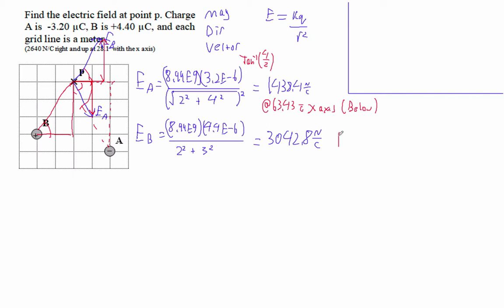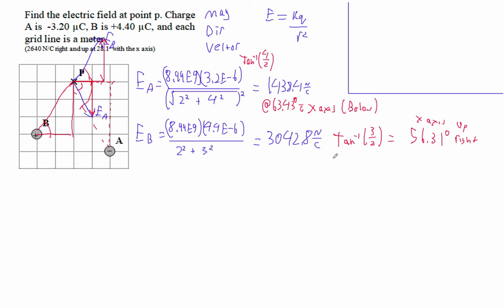So tan minus 1 of 3 halves is what? This pen is seizing up on me. The more I write, the slower this pen gets. Let's see, 56.31. This is up and right, above the x-axis. Right? Those are the angles.